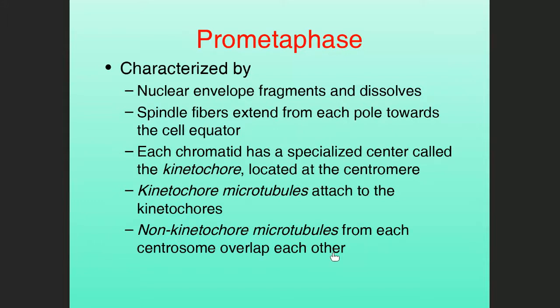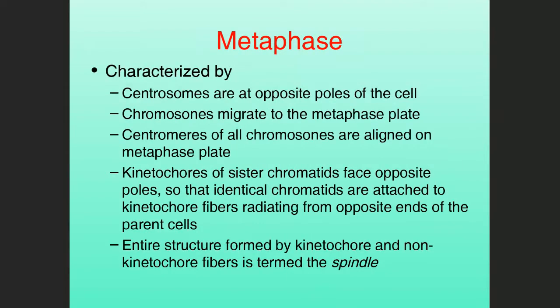Non-kinetochore microtubules from each centrosome overlap each other, so as to strengthen the spindle. In metaphase, the centrosomes are at the opposite poles of the cell, and the chromosomes migrate to the metaphase plate.